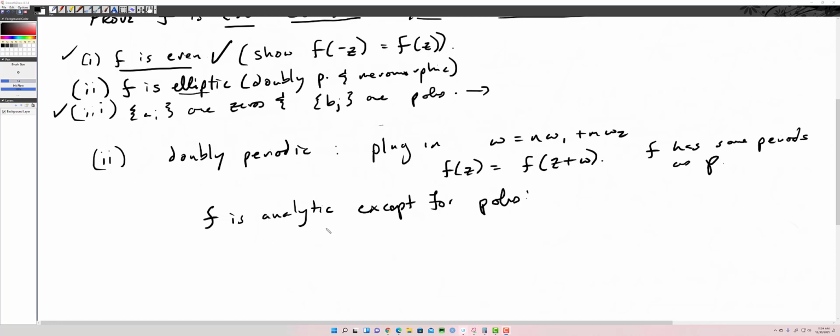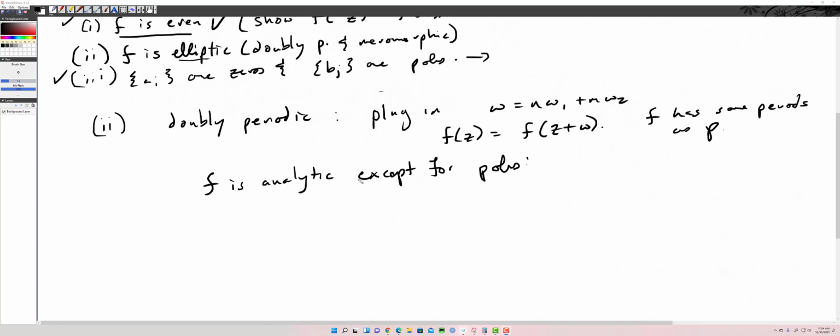And if this were a complex analysis video, maybe I would get into this further, but it's not. What we have to realize is that the field of functions is meromorphic functions.